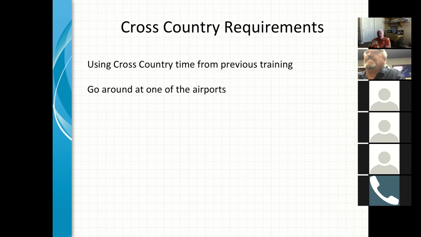I guess not. Some of the DPs are getting questions about using time from the previous training for the cross-country time requirements. Now, I don't have the exact examples, but some of them are wanting to use the long instrument cross-country for the commercial cross-country. And when you read the regulations, they do differentiate between those.